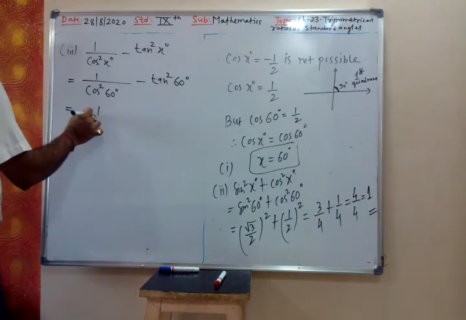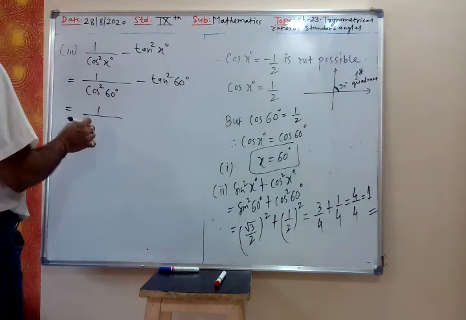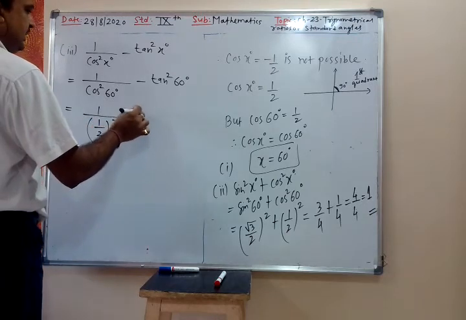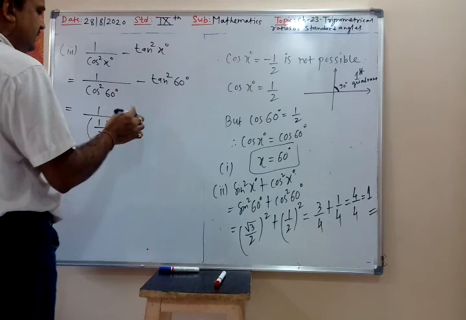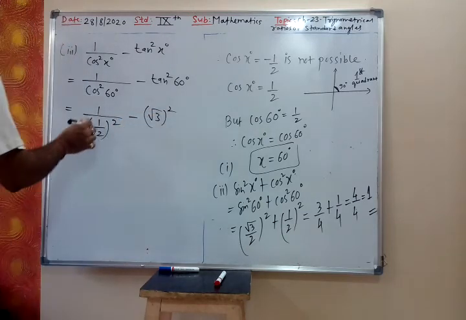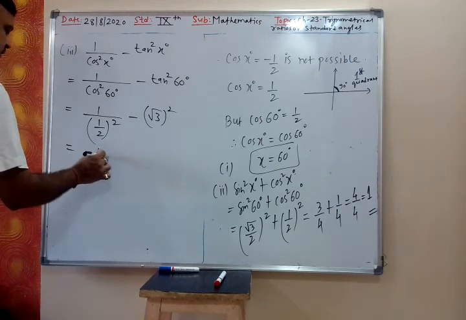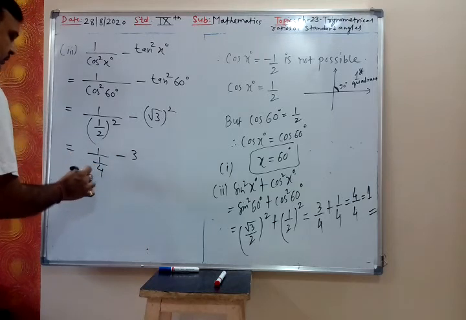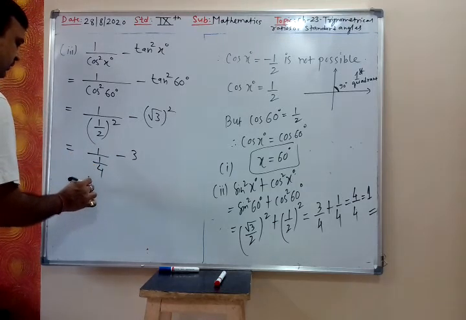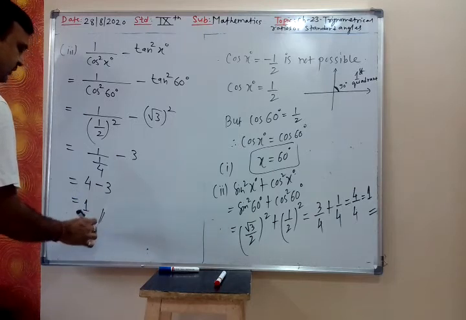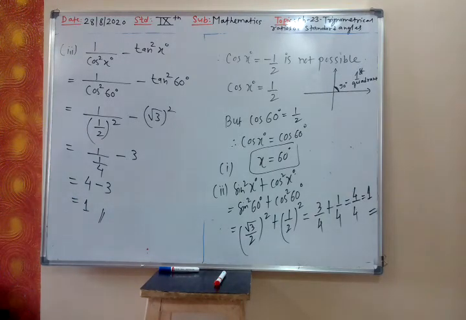Cos 60 is 1 by 2, 1 by 2 square, minus tan 60, which is root 3, square. So 1 upon 1 by 4 is 4, minus 3, and the answer is 1.